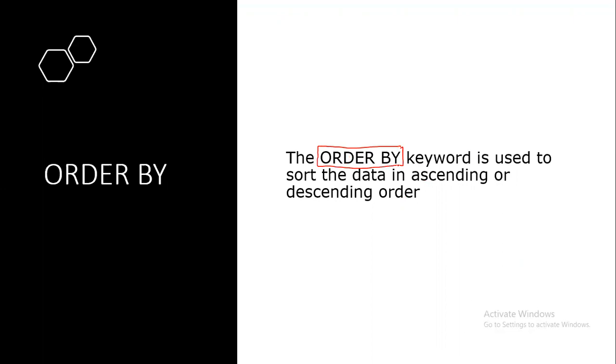And when we say order by, it means we are sorting. And sorting can take place either in ascending order, that means the data will be sorted from lowest to highest, or it can be in descending order, in which case the data will be sorted from highest to lowest on a specific field.